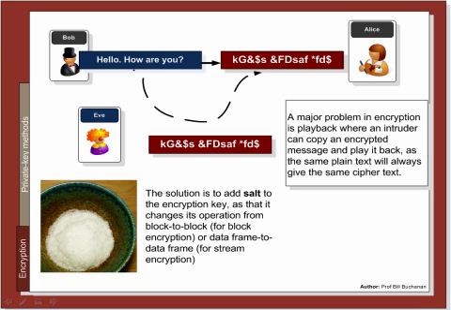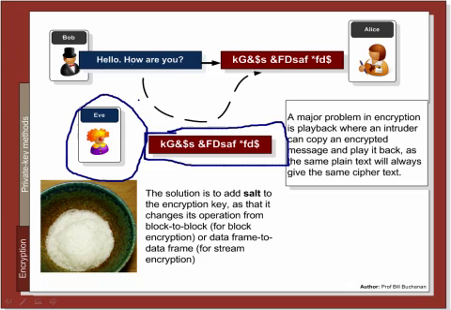The major problem that we have is that it might be possible for Eve to play back an encrypted stream. In this case, it is possible for Eve to take the cipher stream and play it back as if it was an encrypted message.